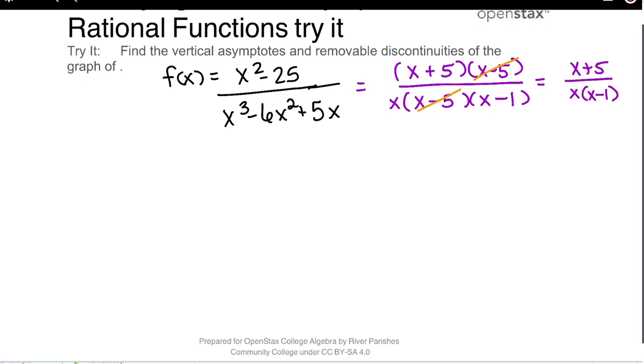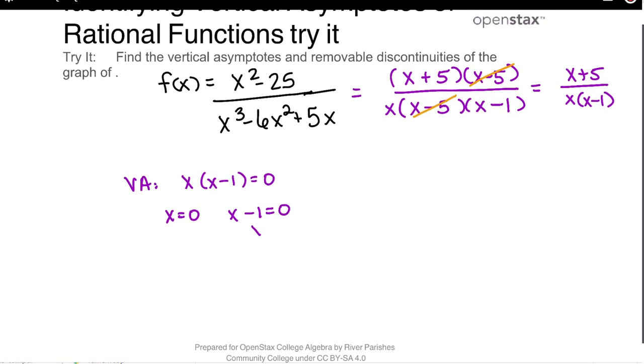times x minus 1. Alright, so for a vertical asymptote, we take the simplified denominator and we set that equal to 0. When I do that, that means that one of the factors, either x or x minus 1, must equal 0. So either x equals 0 or x equals 1 will be the vertical asymptotes.